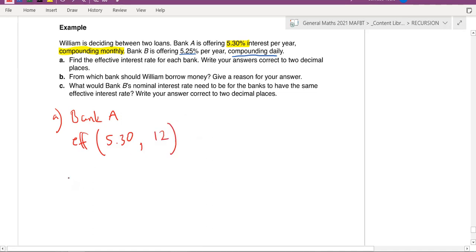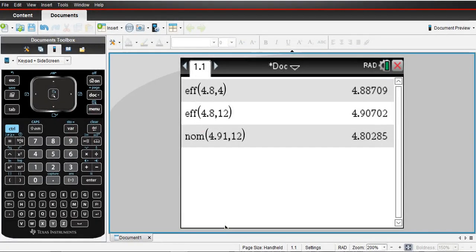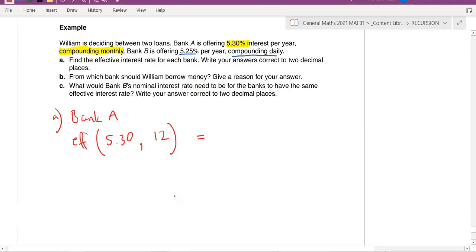So that means the effective rate for Bank A, so EFF 5.30, comma 12, would be 5.43 for the effective rate.